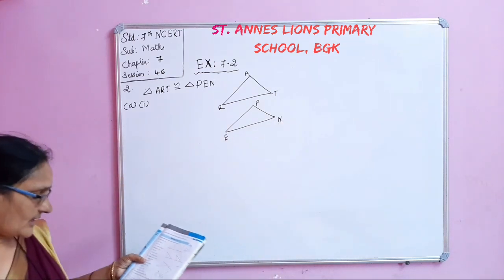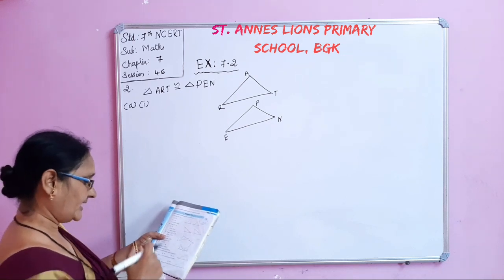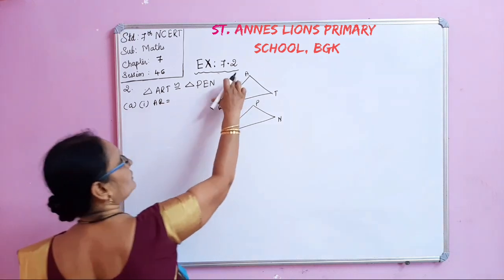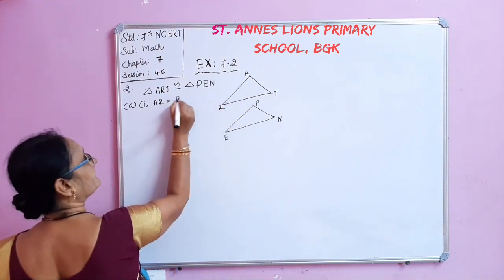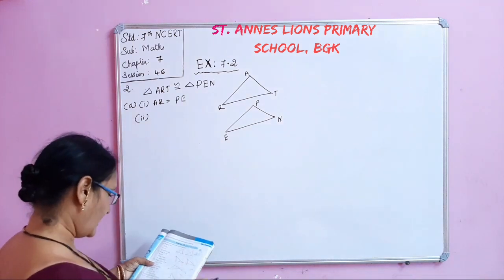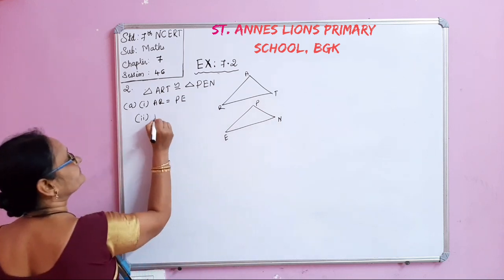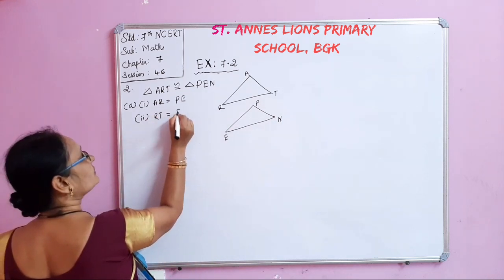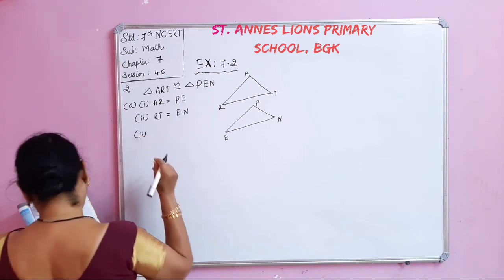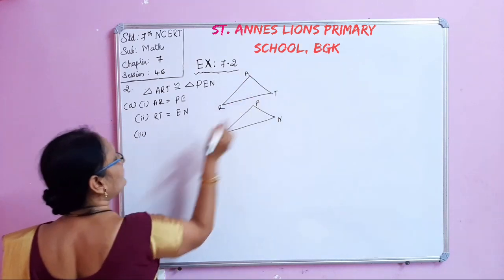These two triangles are congruent, they are saying. If they are congruent, see here, AR must be equal to PE. I hope you are following. Second one, RT must be equal to EN. Then the third side, AT must be equal to PN.